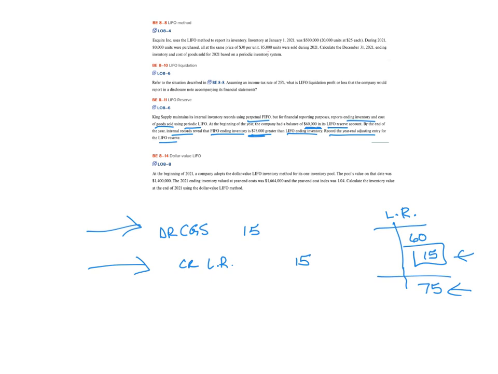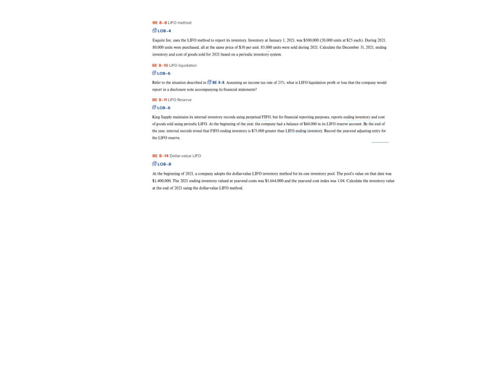The last problem that we'll work here says at the beginning of 2021, a company adopts dollar value LIFO for one of its inventory pools. The pool's value on that date was 1.4 million. The 2021 ending inventory value at year-end cost was 1.664 million, and the year-end cost index was 1.04.